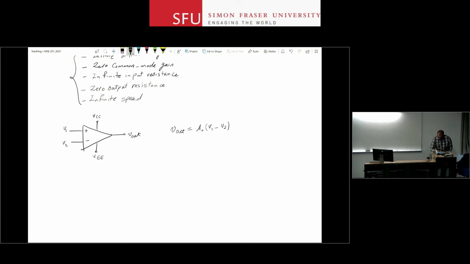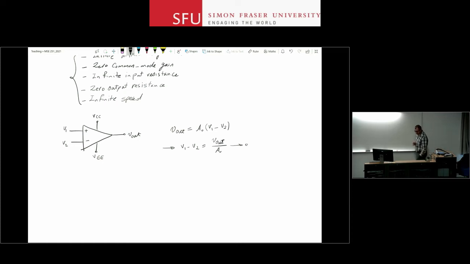So if you look at that practical limitation and rewrite that equation as this, V out over A naught, knowing that V out is limited by some finite value and A naught is going to infinity, this approaches 0, right?